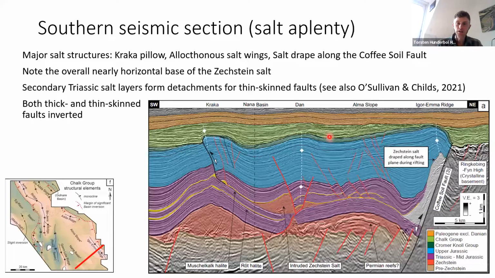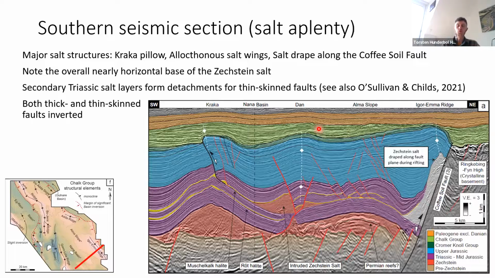Funnily enough, we do see there was a growing anticline above the Dan structure here during the late Cretaceous. So I think it's very likely that at least the structure was squeezed during inversion. But it is very interesting, this topic.